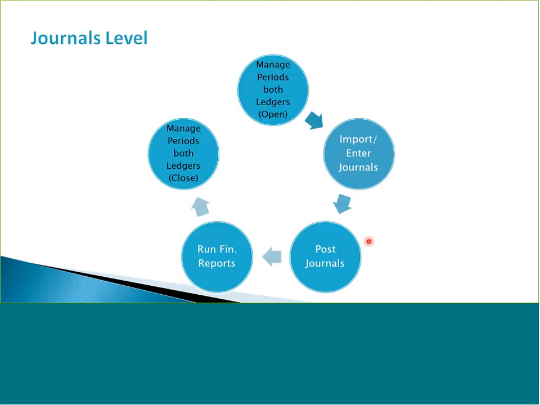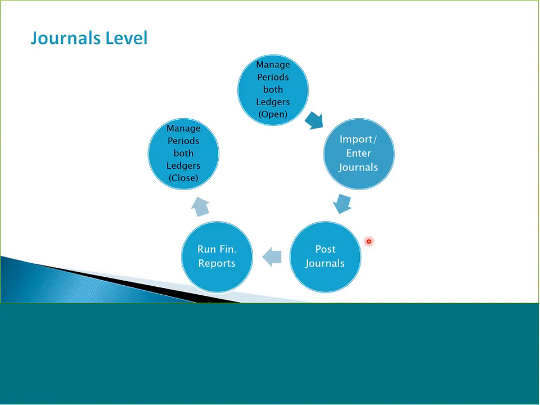So what happens to the GL monthly cycle once we determine that what we need to create is the journals level reporting currency? Like I said, now we have two ledgers to manage. We have to manage periods for both ledgers, opening periods.